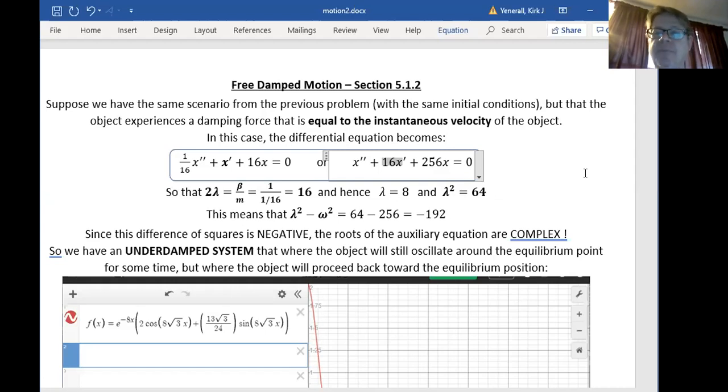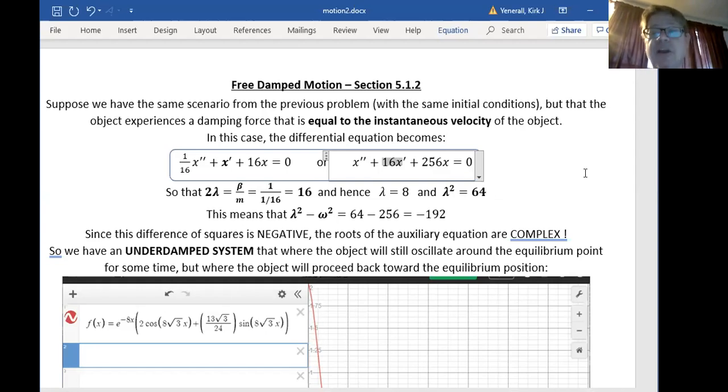That's our coefficient in the middle, and remember, the middle coefficient in our theory we call 2 lambda. So 2 lambda is equal to 16, which means lambda is equal to 8, and lambda squared is equal to 64 in this case.